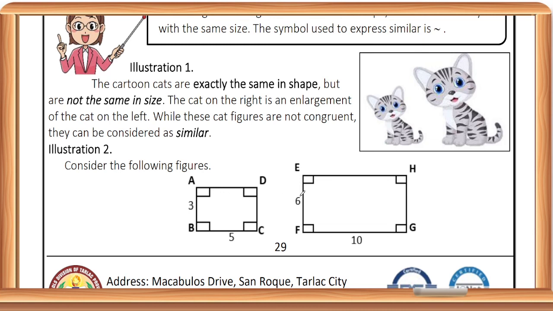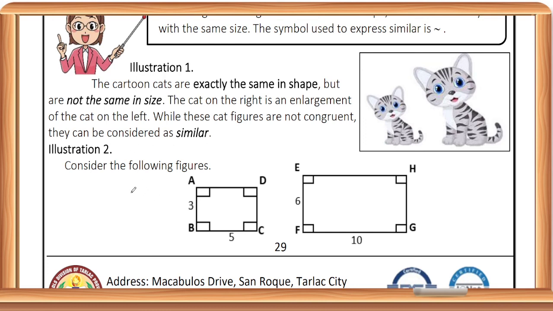So, a rectangle is also the same as a rectangle, but they will only be similar if their corresponding sides are proportion, no? So, that means meron silang scale factor. Now, kung hindi, in the absence of the proportionality of the corresponding sides, then we cannot say that they are similar.